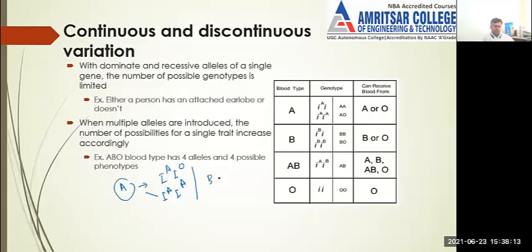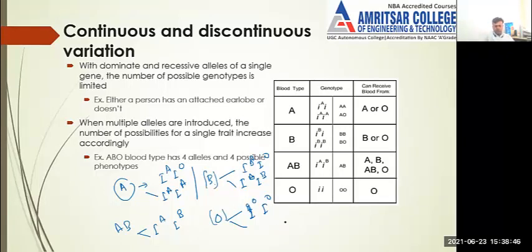Similarly, B is controlled by two genes, IB IO, or IB IB. Okay. And if one genotype is A and one is B, then this will be AB. And if there are no such genes, then this will be O.